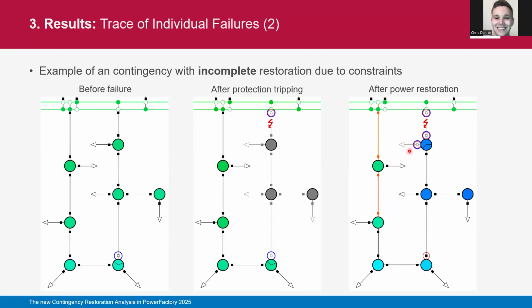But if this customer would be resupplied as well, some constraints, either voltage or loading or both, would be violated, and therefore those customers are not resupplied. This depends on the main target that you have selected in the command. When you said, restore the power regardless of the constraints, then this one will always also be resupplied. But when you consider the constraints, then you will get a message or a report in the end that shows, for this contingency, not everyone could be resupplied.